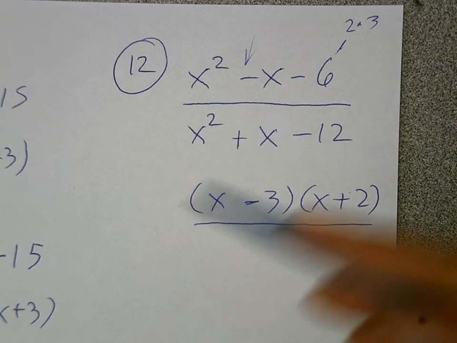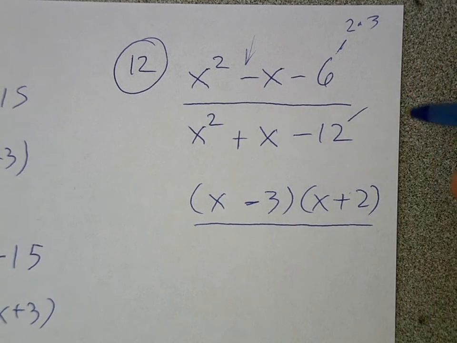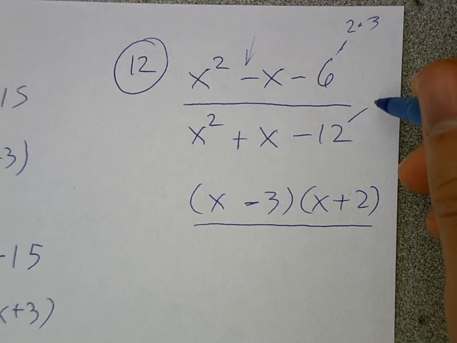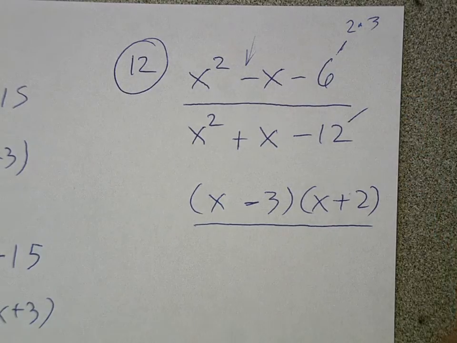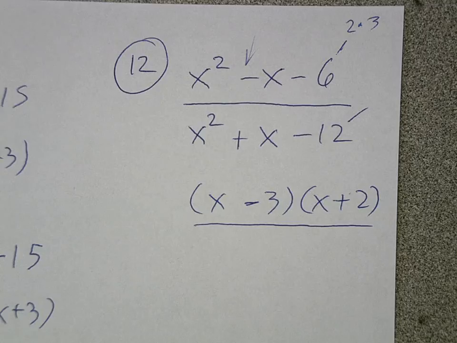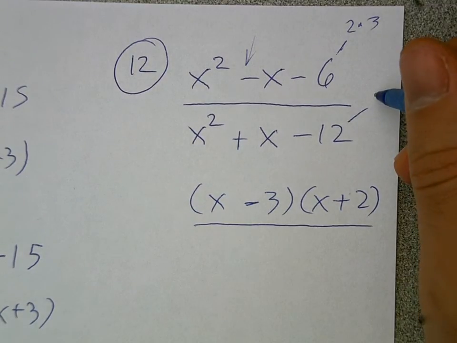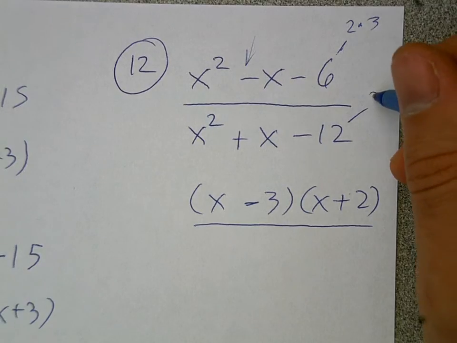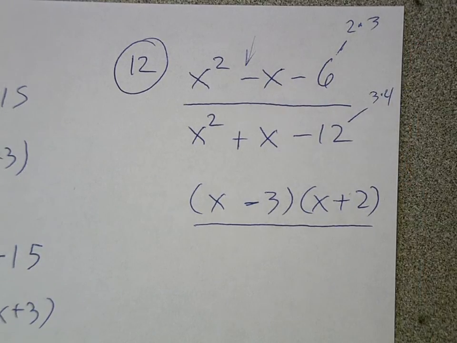Now for the bottom, give me some ways to multiply to make 12. 3 times 4 is the one we're looking for there. Again, you might have tried 2 and 6 or 1 and 12. They don't quite work though. 3 and 4 does.